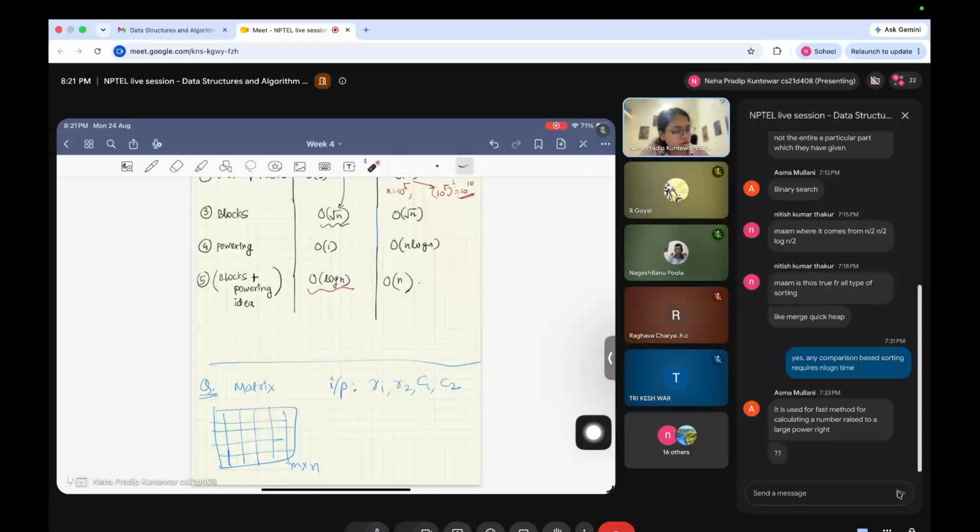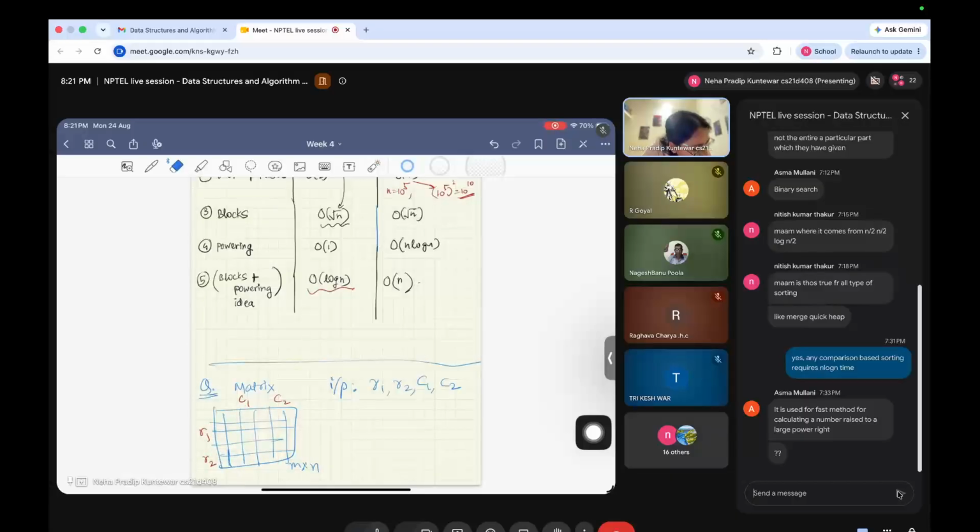That means you will look at row r1, row r2, column c1, and column c2. Look at the submatrix contained here. So look at this intersection.